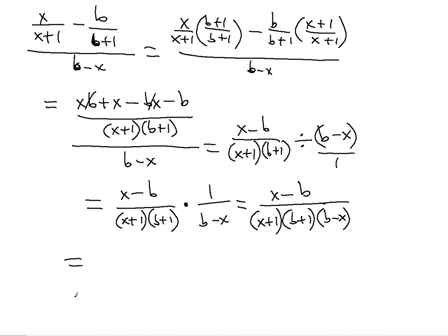So we're not quite done yet, because notice something interesting. We have x minus b and b minus x, and while they may not look identical, we can actually write one of them in terms of the other. So how can we express x minus b in terms of b minus x? Here the x is positive and the b has a negative sign, but in the denominator it's the other way around.